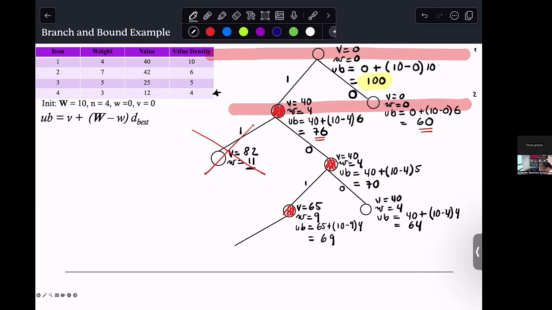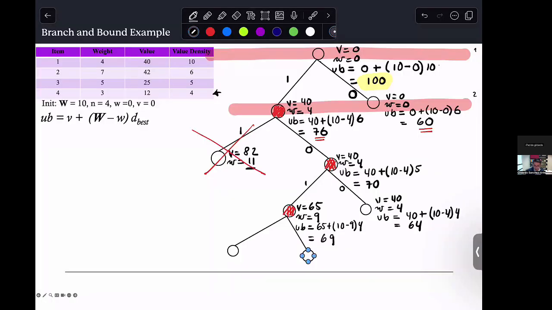And then we can now, of course, consider choosing or not the last element of the item, right?